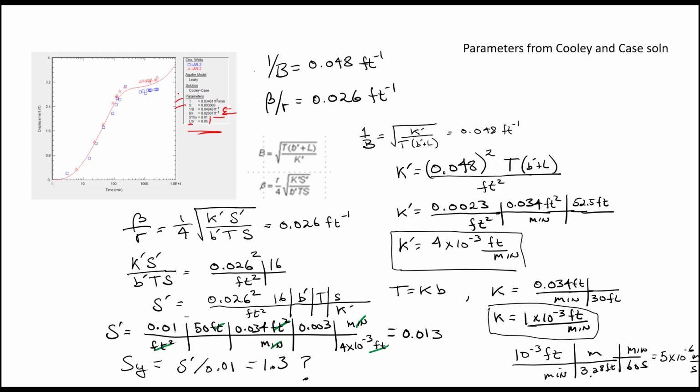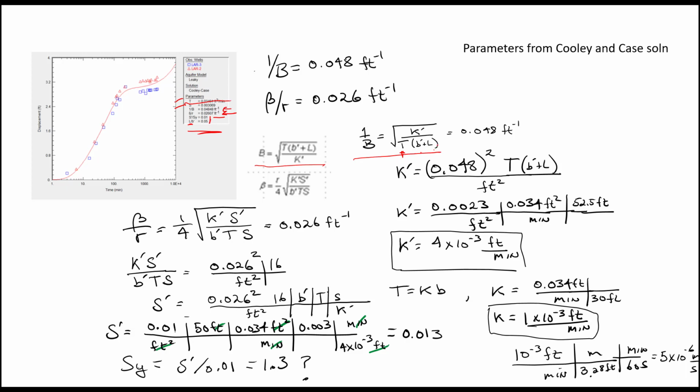Okay, so what do we do with that? Well, this is B, and we can take this value 1 over B, which is 0.048, and I can write out what 1 over B equals. And then I can take a look here and say, well, I know T, I was given that, that's right there.